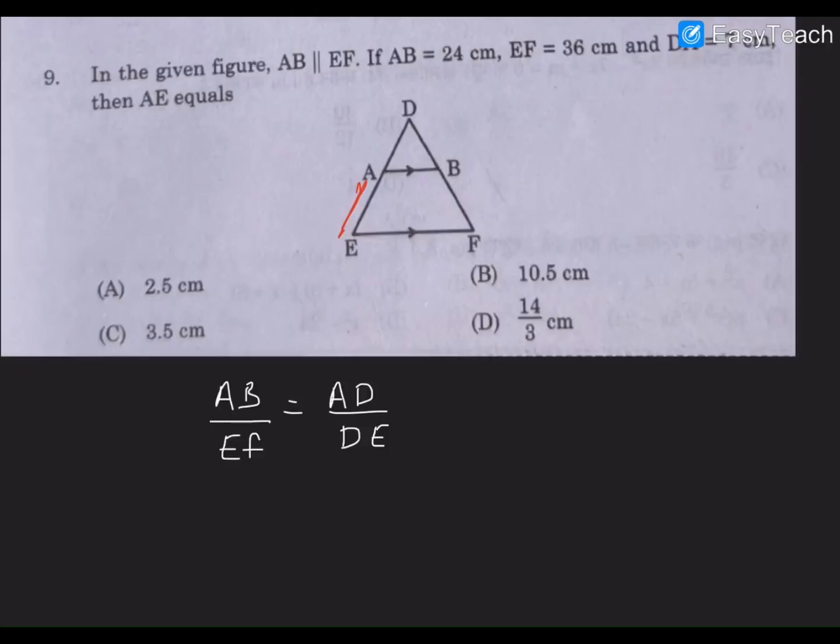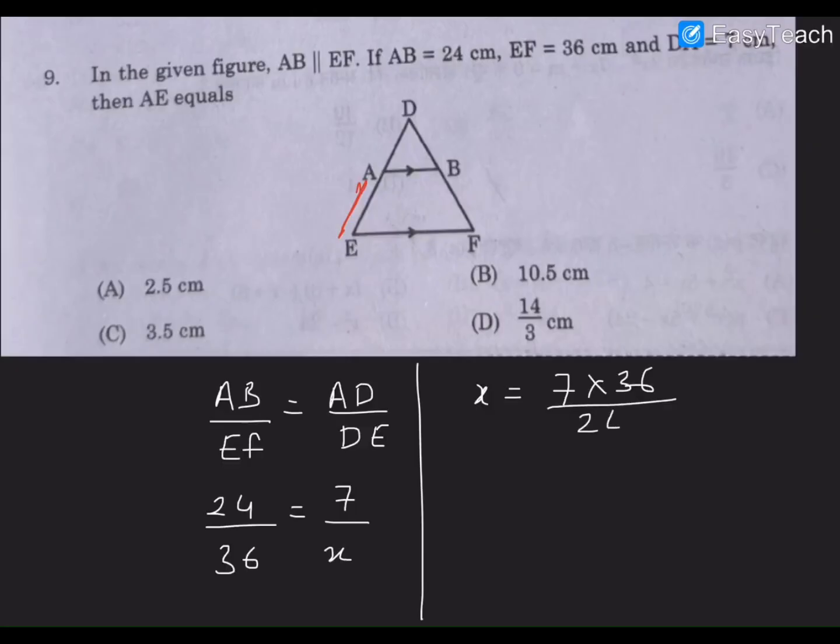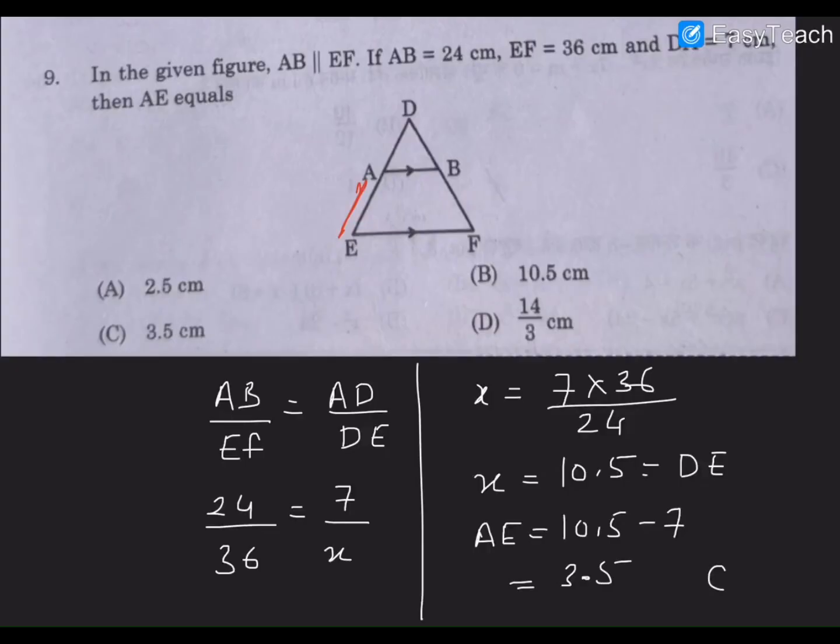So this comes out to be 24 by 36 equal to 7 by x. So x is equal to 7 into 36 by 24. So x comes out to be 10.5. That means your DE is 10.5. So AE is 10.5 minus 7, which gives you 3.5. So option C is the correct choice for the 9th question.